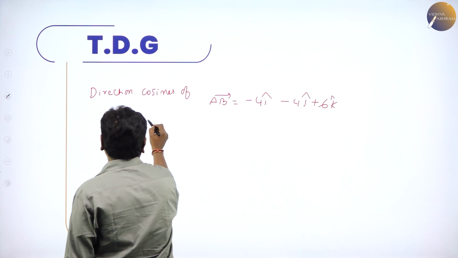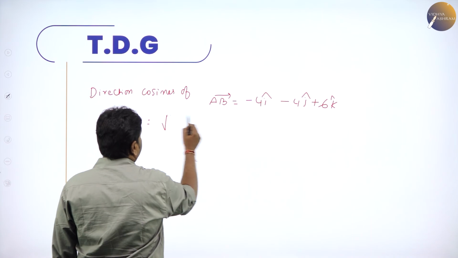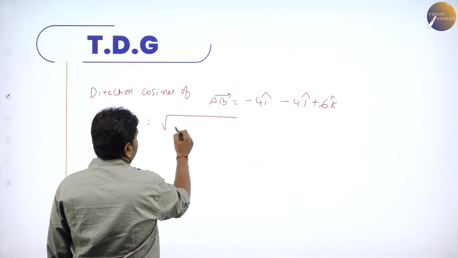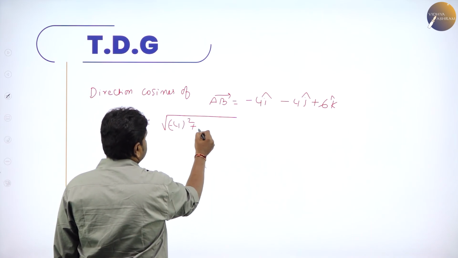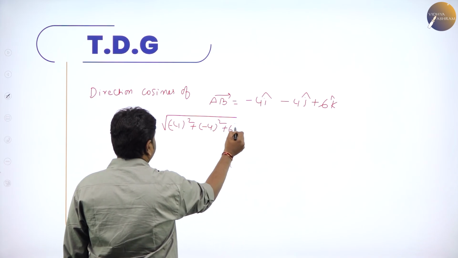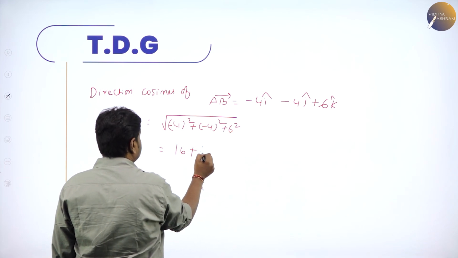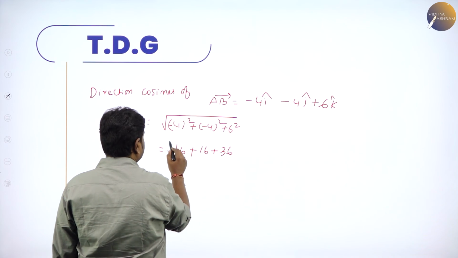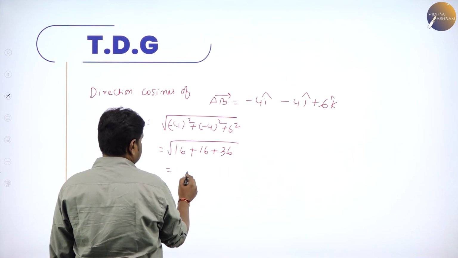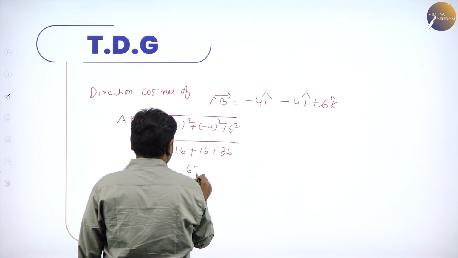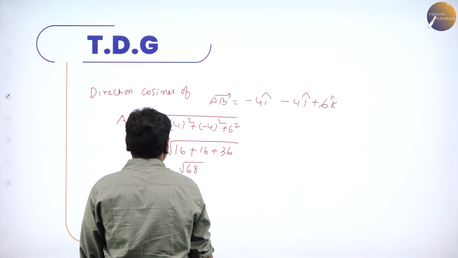Now find the magnitude. What is the magnitude? Minus 4 whole square plus minus 4 whole square plus 6 square. 16 plus 16 plus 36. 32 plus 36, 68. So root 68.